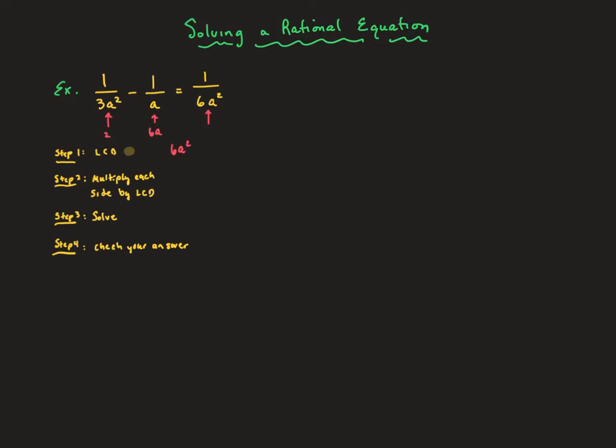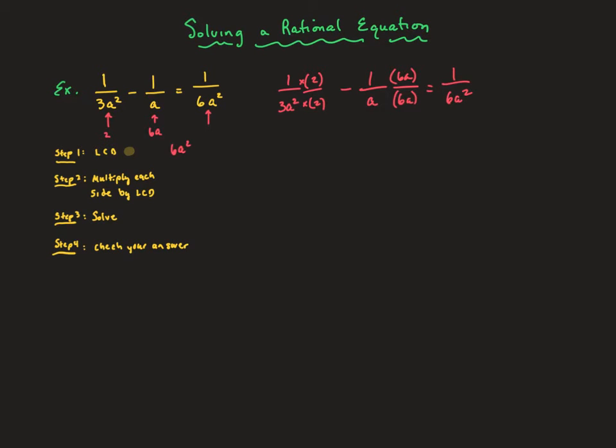Let's go ahead and set that up. I'm going to have 1 over 3a squared, and I'm going to multiply the numerator times 2 and the denominator times 2, minus 1 over a, and I need to multiply the numerator and the denominator by 6a, because that's the value of 1, and then equals 1 over 6a squared.